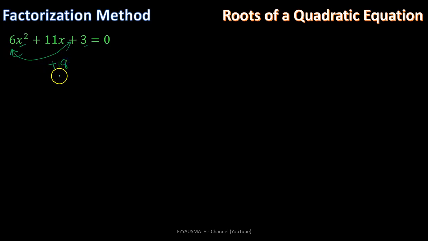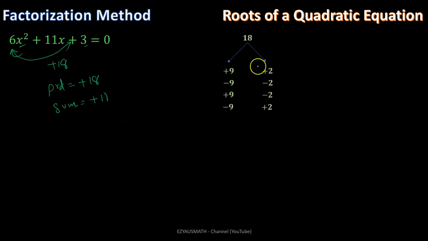So now we have to split 18, not 3, such that the product is plus 18 and the sum is plus 11. What are the factors of 18? The best factor pair of 18 would be 9 times 2, but we need product plus 18, so we will only consider those pairs which give product plus 18.